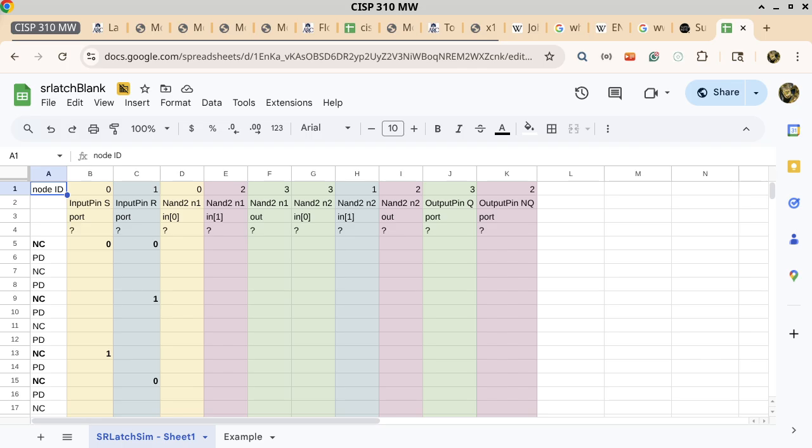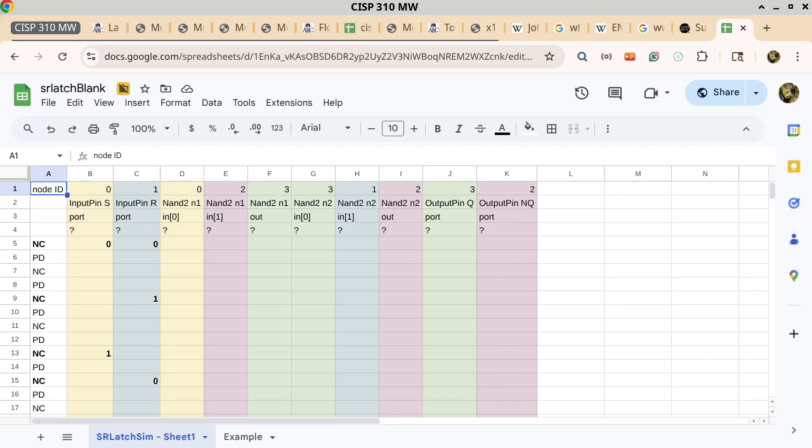Well, there are a lot of things that are common between this and what we just did on my tablet. So you would see input pin S, input pin R, the NAND gate N1, the NAND gate N2, output pin Q, and output pin NQ. So all the components are here.